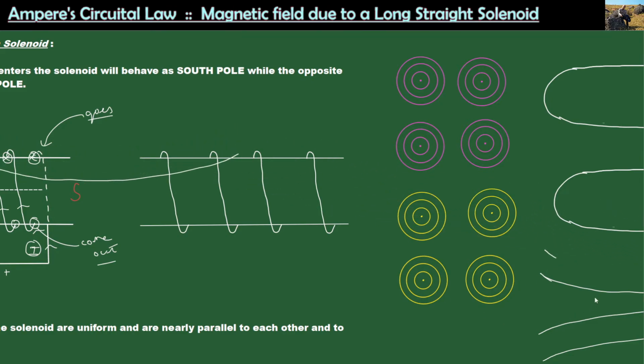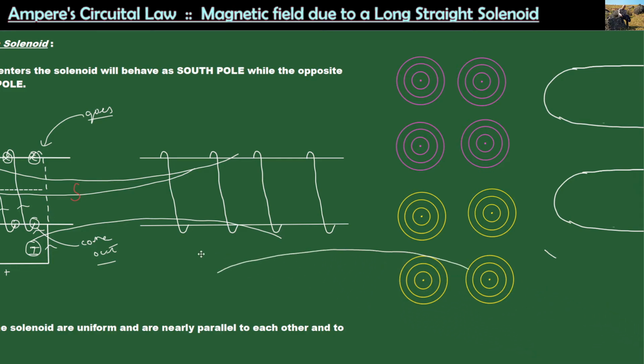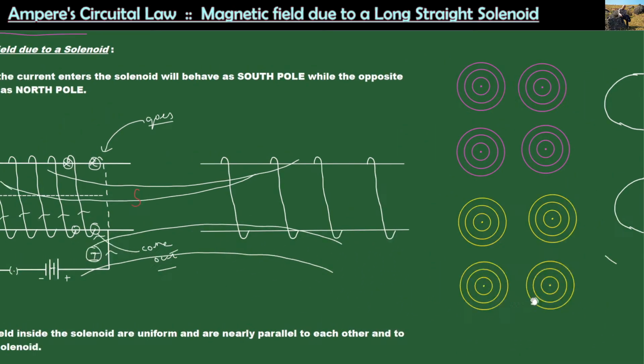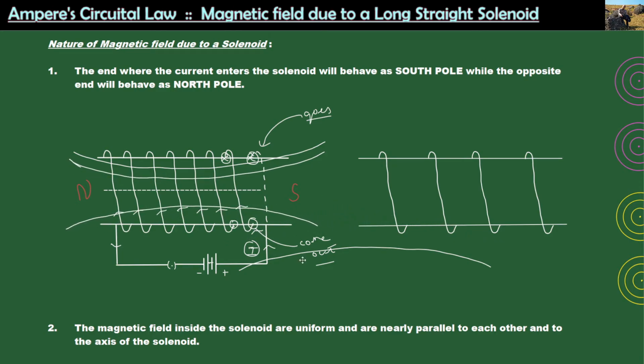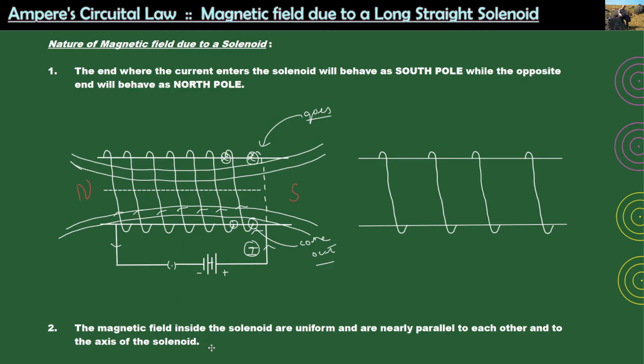These are the directions of the magnetic field lines, and also these are the directions of the magnetic field lines.